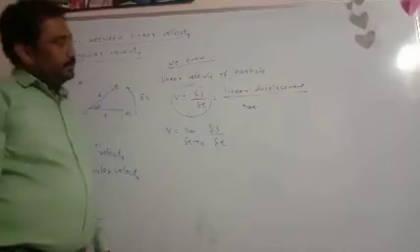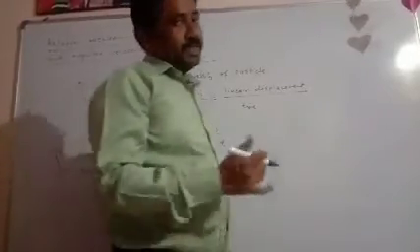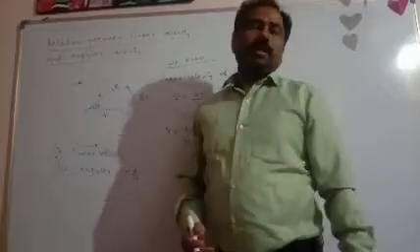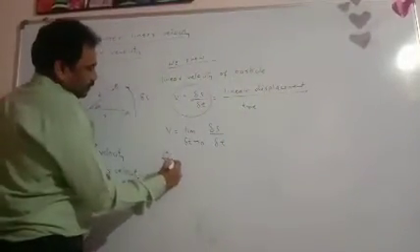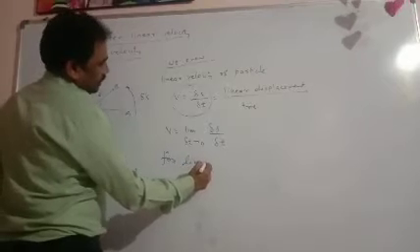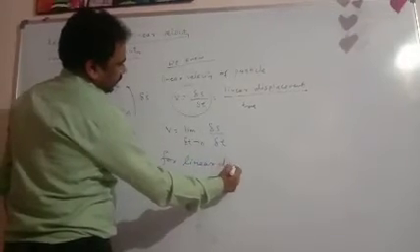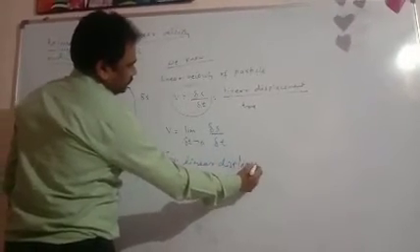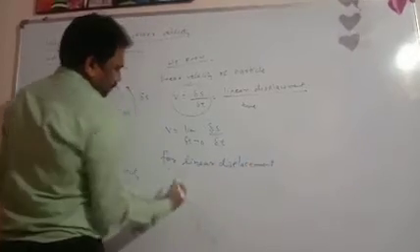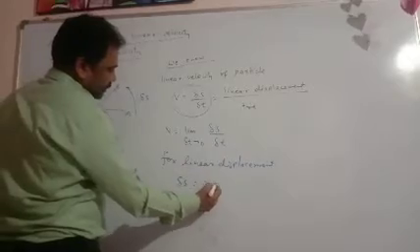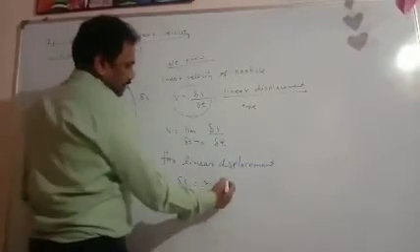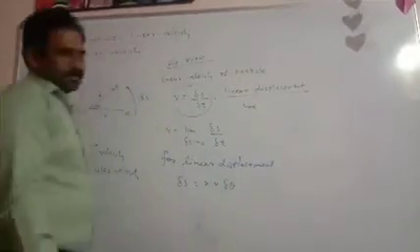In our previous videos we have seen what delta S is. What is the exact formula for linear displacement? Linear displacement is equal to r multiplied by delta theta, the angular displacement.